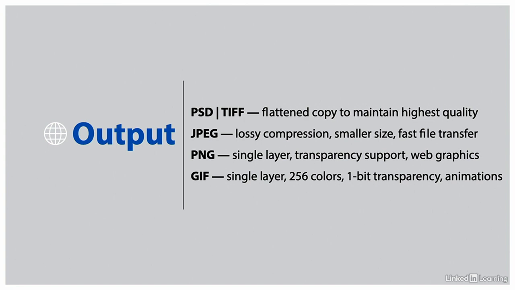To save as a GIF, you have to convert your image to a different color mode called index color, which only allows 256 colors. So again, it's not always the best format to use if you're working with a photograph. And although a GIF file can have transparency, it only supports one level, which means that if you have a circular logo or type on a curve, those edges are going to look jagged.